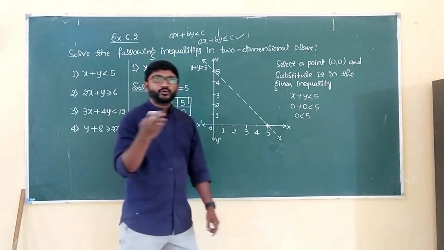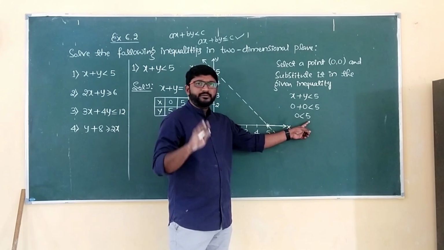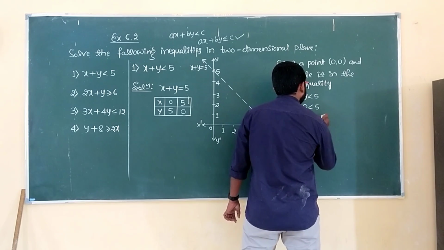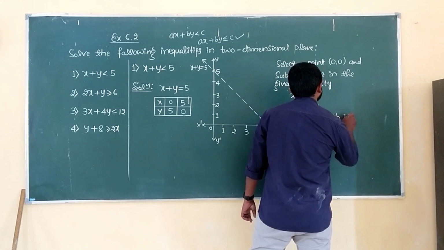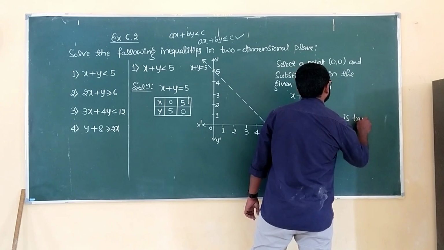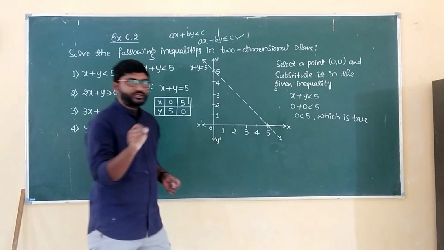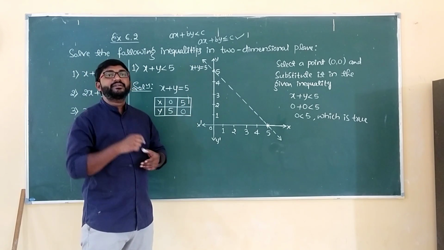Now check whether it is true or not. 5 greater than 0 or 0 less than 5, which is true? Practically it is true. So we have taken a point 0, 0, and that point 0, 0 satisfies the given inequality.